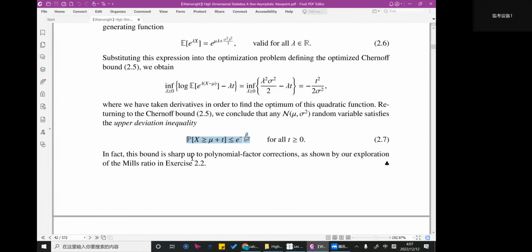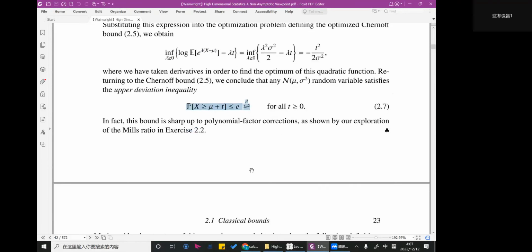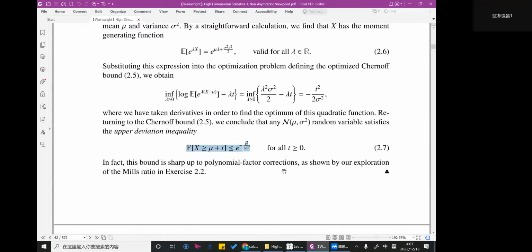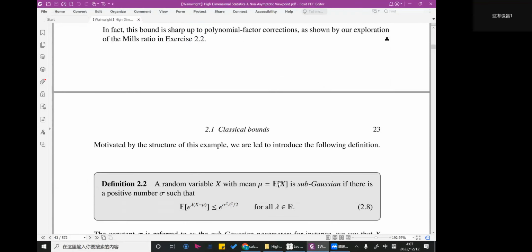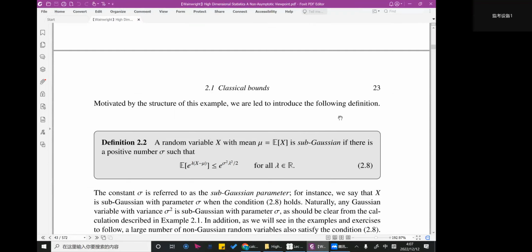This bound is sharp up to polynomial factor corrections, as shown anyway. So motivated by the Gaussian random variable, we get the definition of sub-Gaussian.